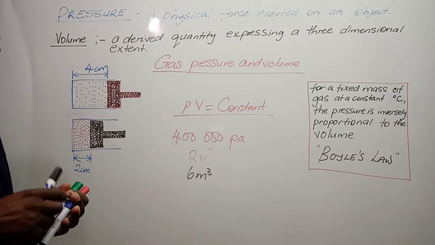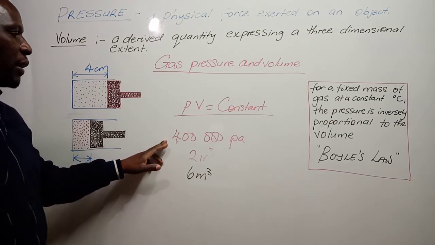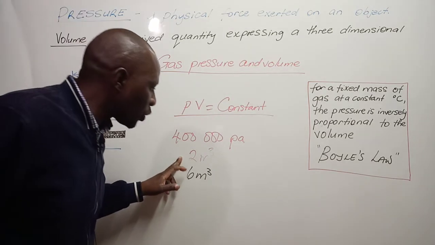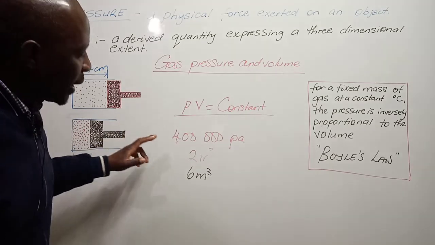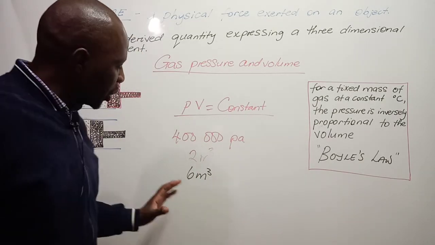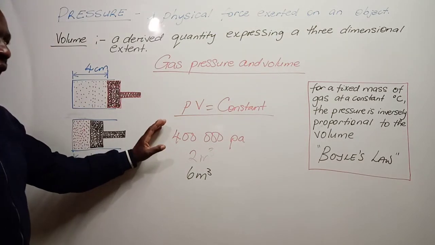Okay, so this is the calculation that we must make. Pressure of 400,000 pascals was being contained in a space of 2 cubic meters. The same pressure now is being contained in a space of 6 cubic meters. So what is the pressure now?